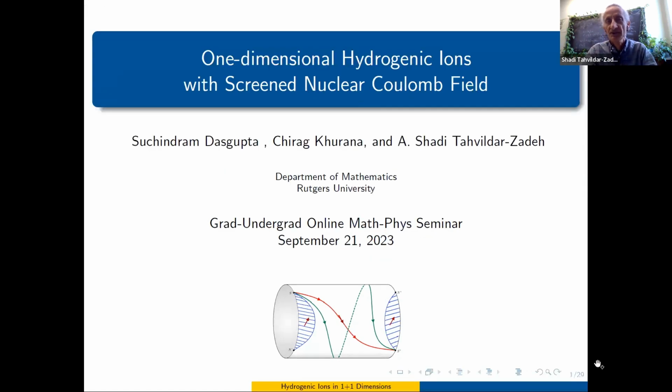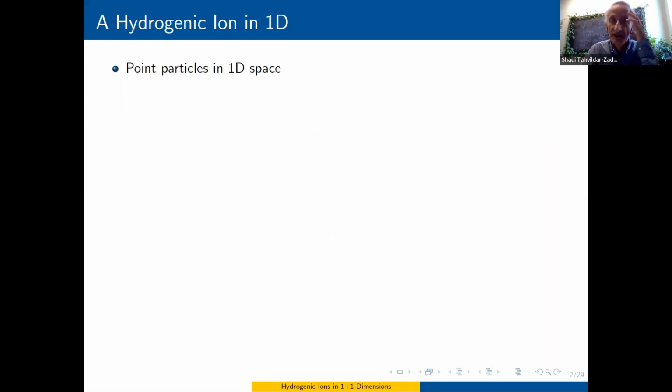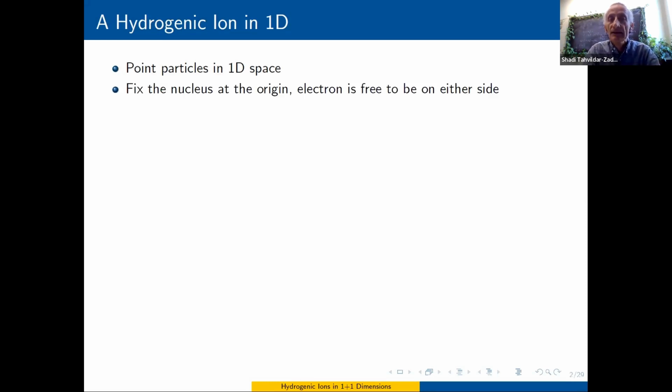All right, that's better. Okay, so what I'm going to talk about is I'm going to imagine we have point particles in one-dimensional space, so points on a line. One of the points is called the nucleus, and that one is fixed at the origin, and the other one is called an electron, and that one is free to be on either side of the origin, and its motion is guided by something called a wave function.